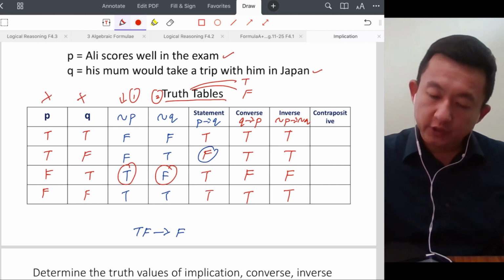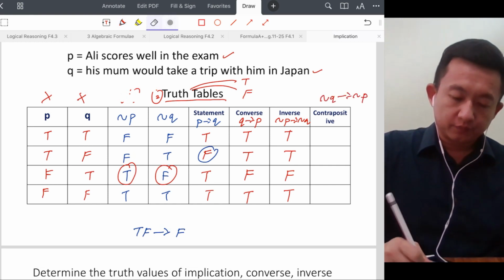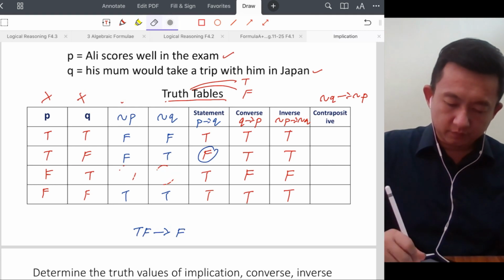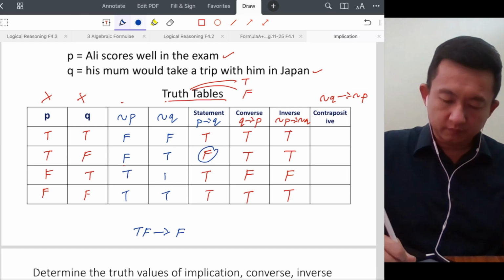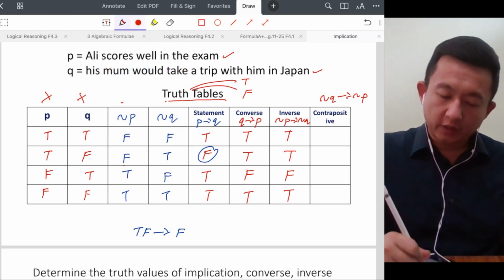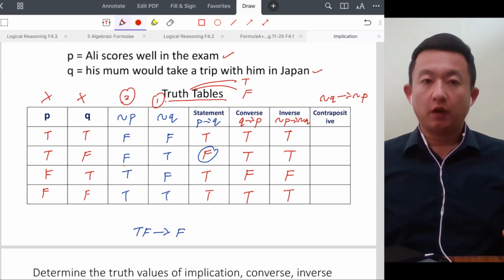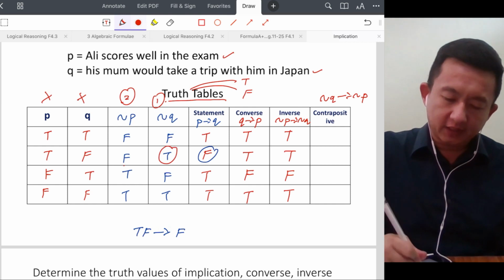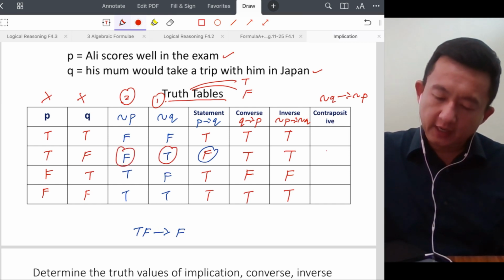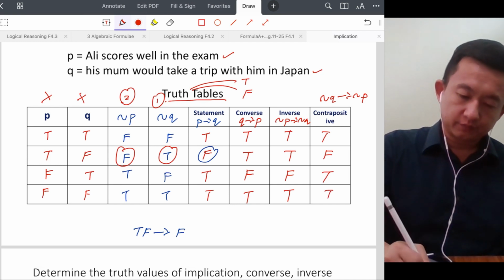And we go on, which is not Q to not P. So we look at not Q first, then followed by not P. Not Q, this one TF. So this is the case where it will be false and the rest will be true.